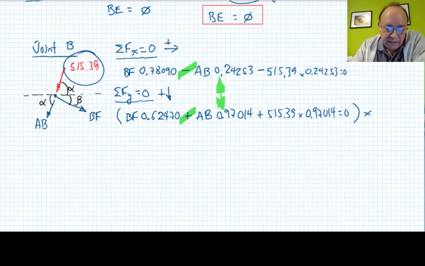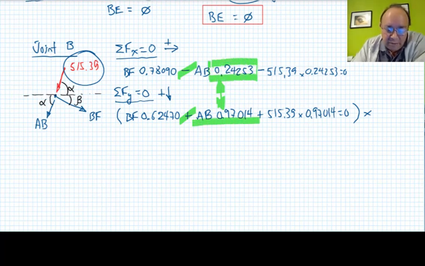So I just add these two equations together, but I multiply by a number that produces here this same number. So when I add them together, they eliminate each other. So in order to get 0.24 here, I have to multiply by 0.24 but divide by 0.97, right?